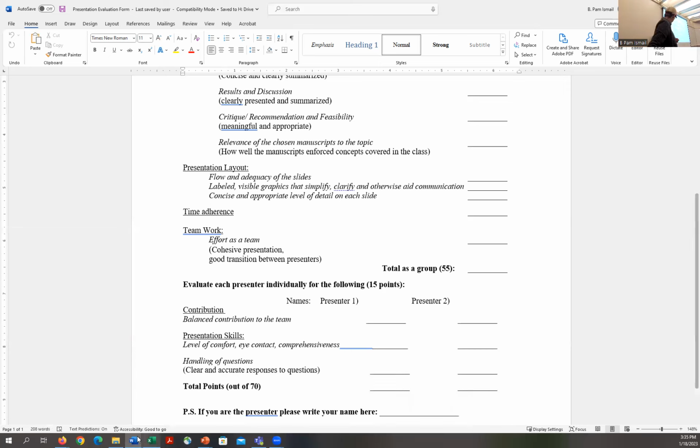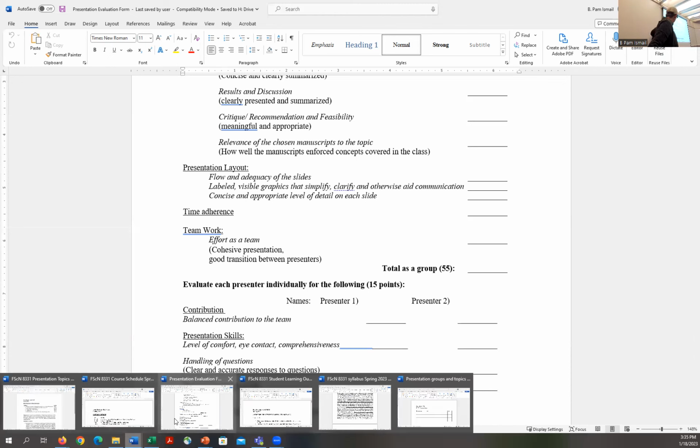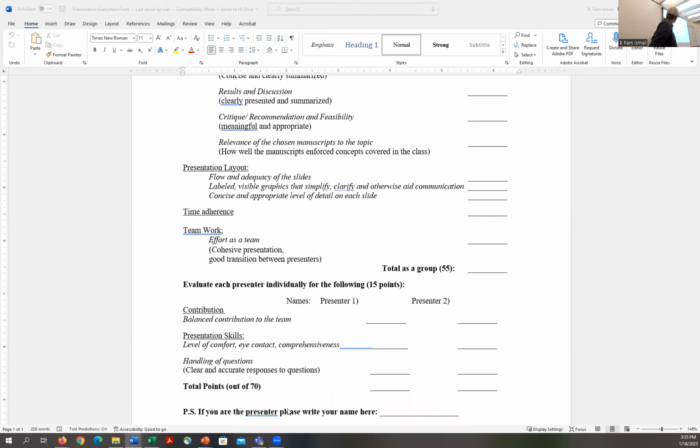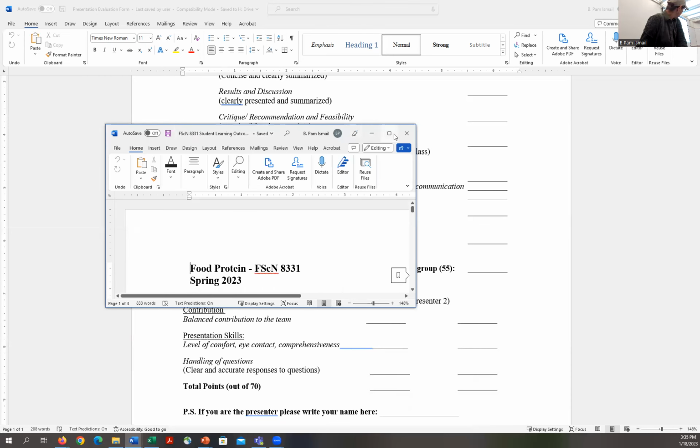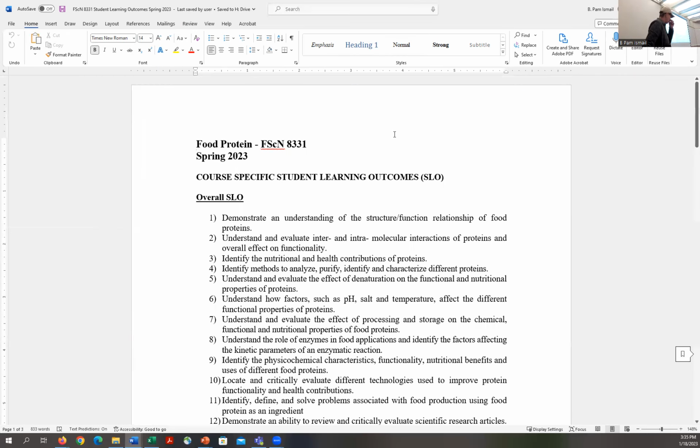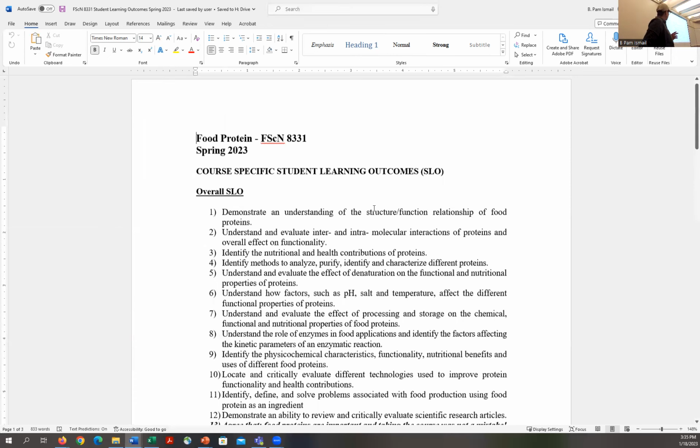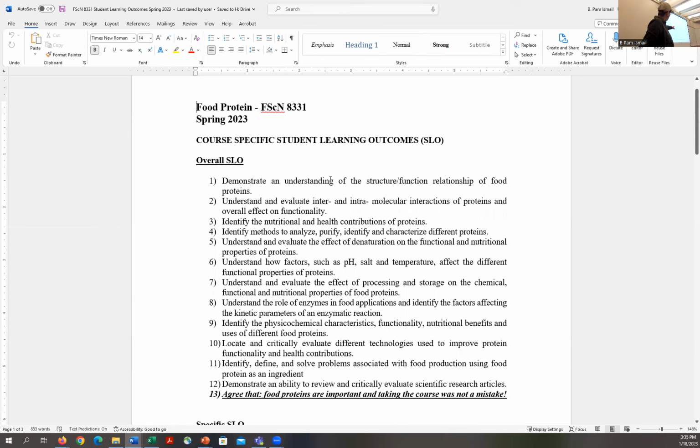Okay. I want to go back to the syllabus to see if I covered everything. Oh, before the syllabus, I want to also show you this document, the student learning outcome. I like to develop these for every class I teach because they're not very specific as a study guide, but at least when you study, after we're done with the class, this is what you will be able to do.